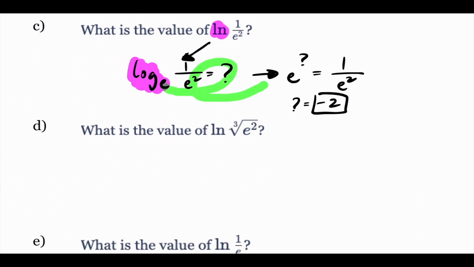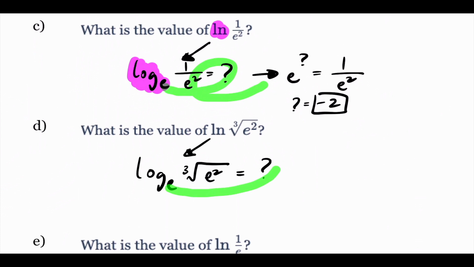Okay. Let's look at the next one. So now you have the third root of e squared. So we do the loop trick. So I get e to some power equals the third root of e squared.